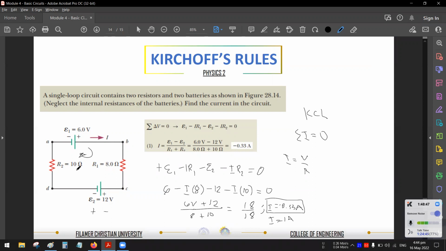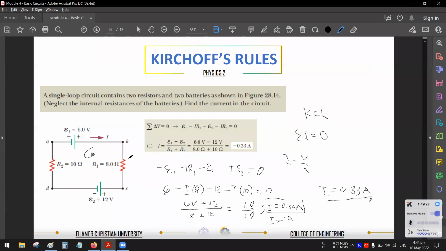Pag nag-counterclockwise tayo, yung current natin dito would be positive 0.33 ampere. Ito yung pag hindi natin ginalaw yung polarity ng voltage, pero yung direction ng current, ito yung binaliktad natin. Okay, pag binaliktad natin yung direction ng current, magiging positive yan. Magne-negative lang yung current natin kasi mali yung direction ng current. Yun lang yung explanation dito.